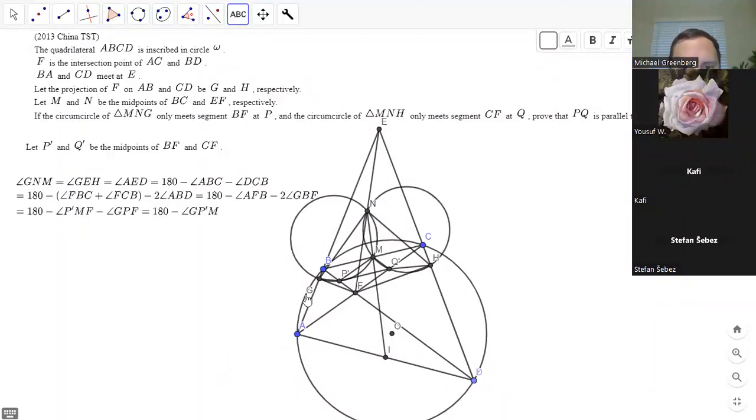And that would equal AED, which is 180 minus ABC minus DCB. Boy, ABC and BCB almost look like they add up to more than 180. So maybe it's, let's see, 180 minus.